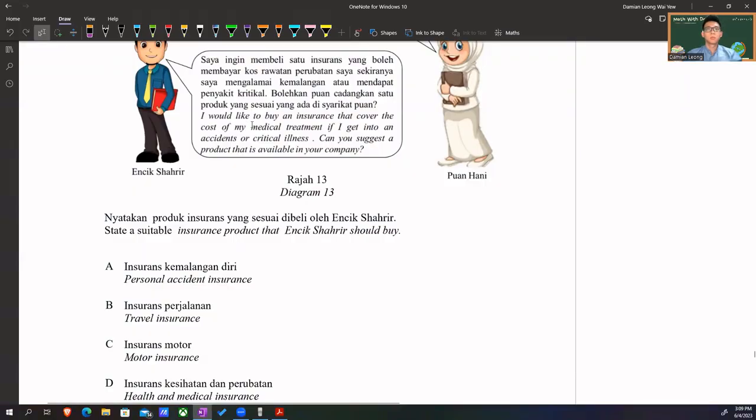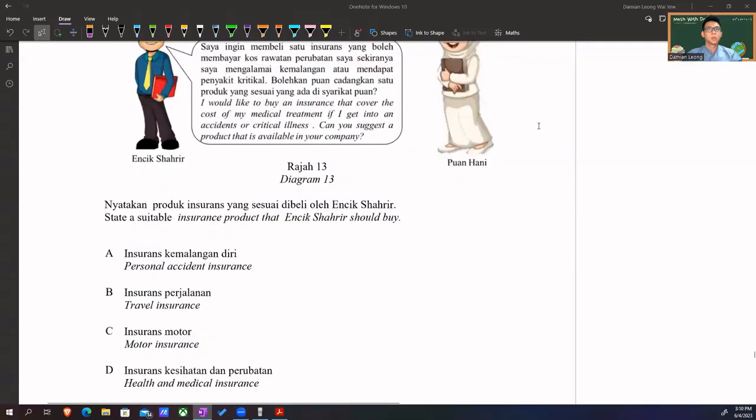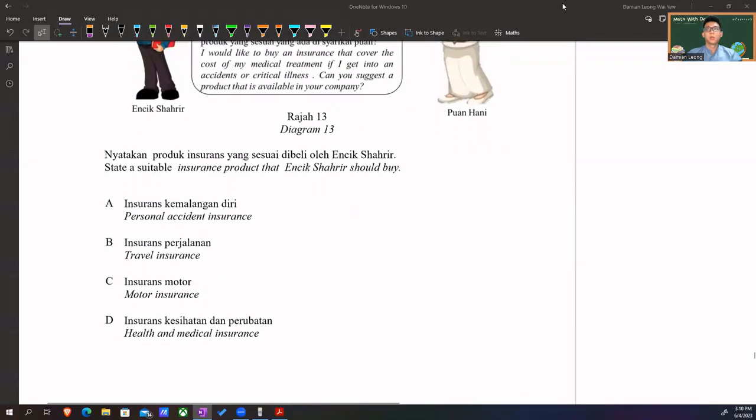So they just want to cover the medical treatment costs.